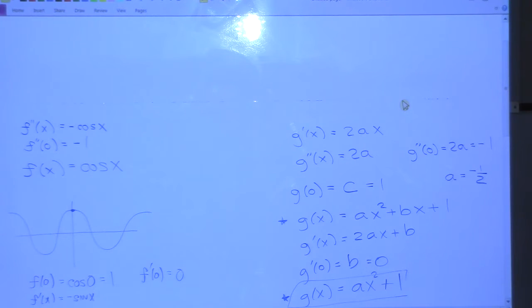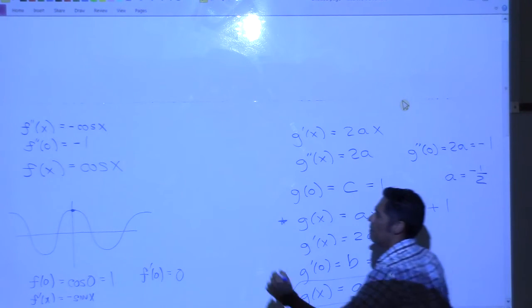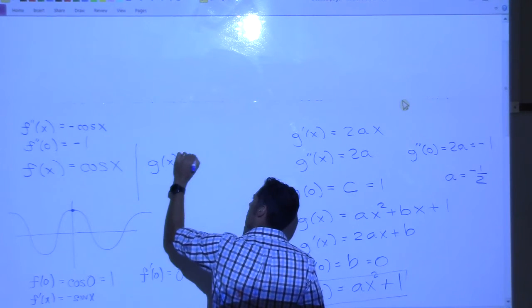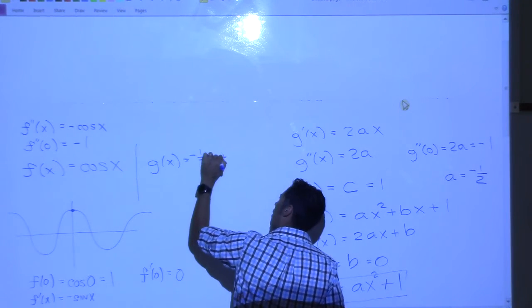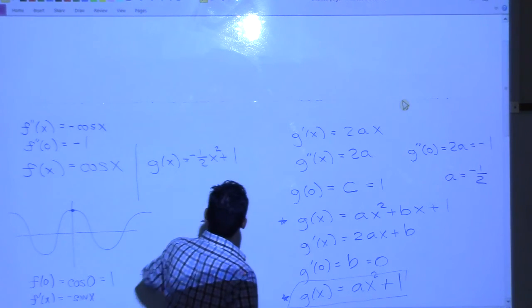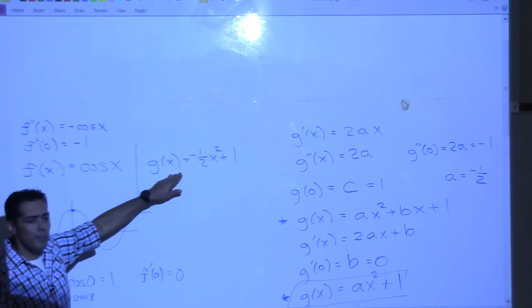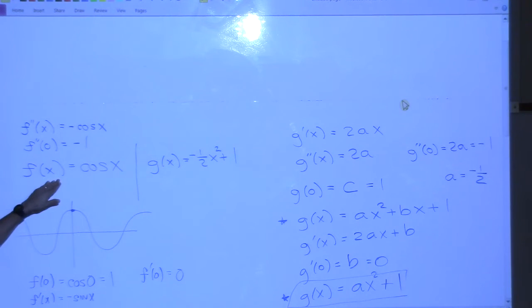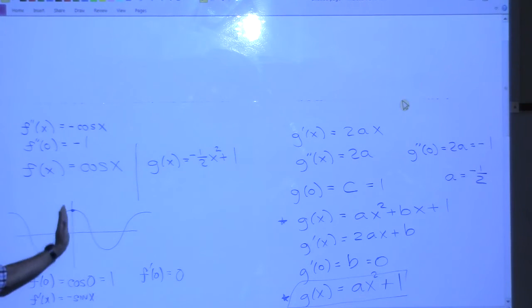Okay? So here's what I've got. My g function, I'm going to put it right next to this one. My g of x function needs to be negative 1/2 x squared plus 1. This quadratic should be a decent approximation of this cosine function near 0.